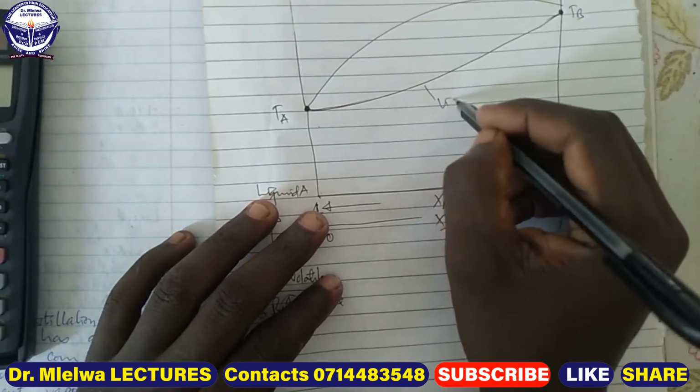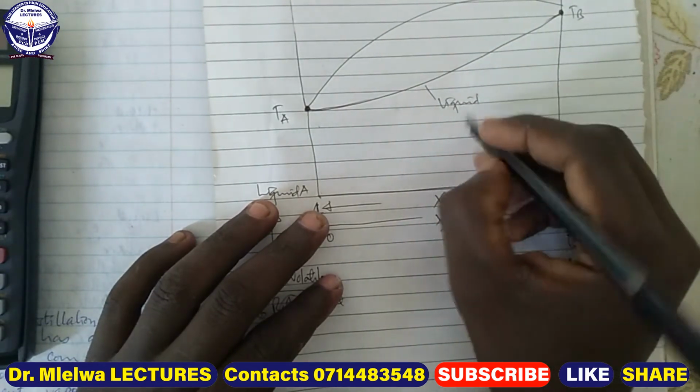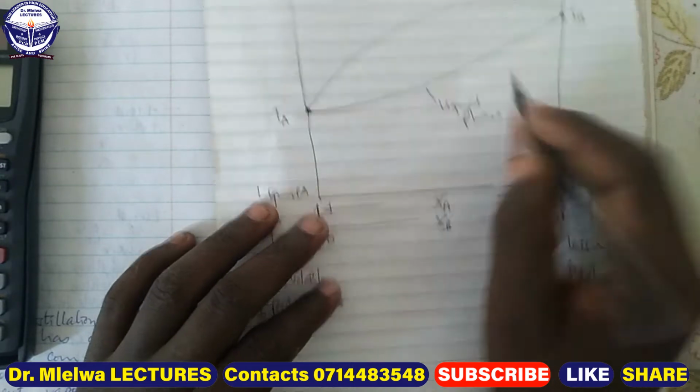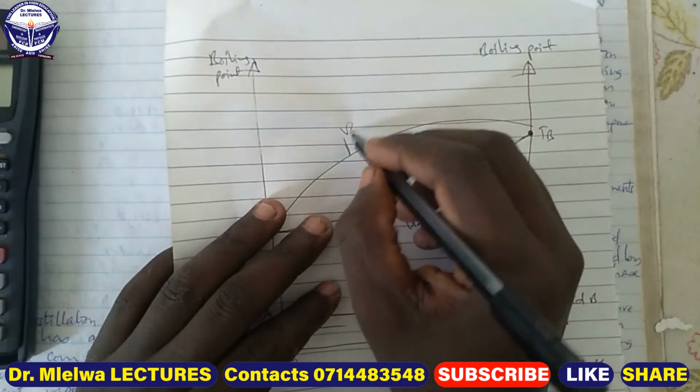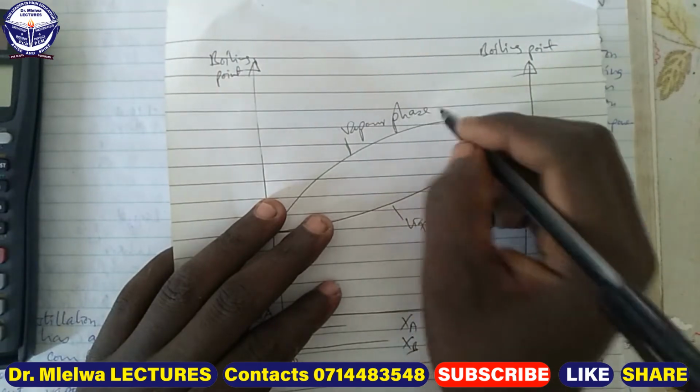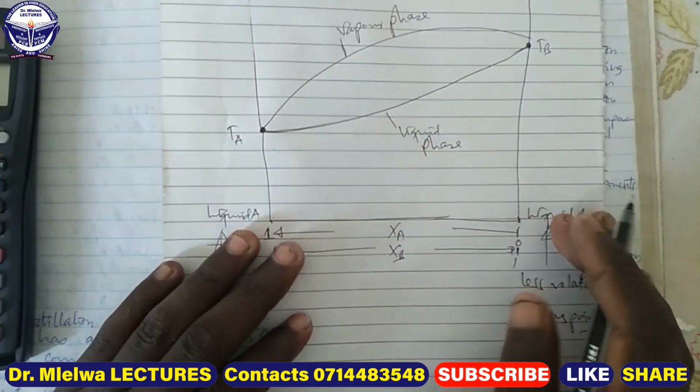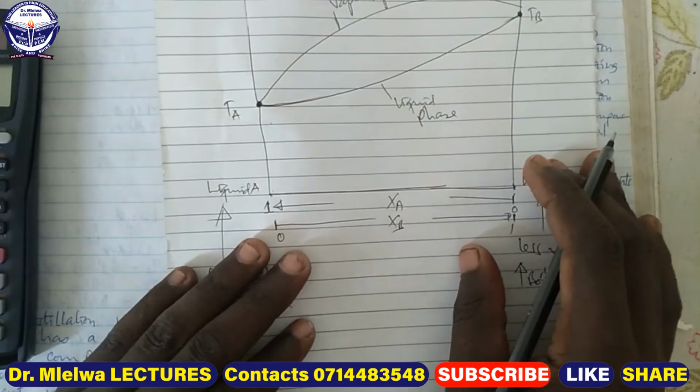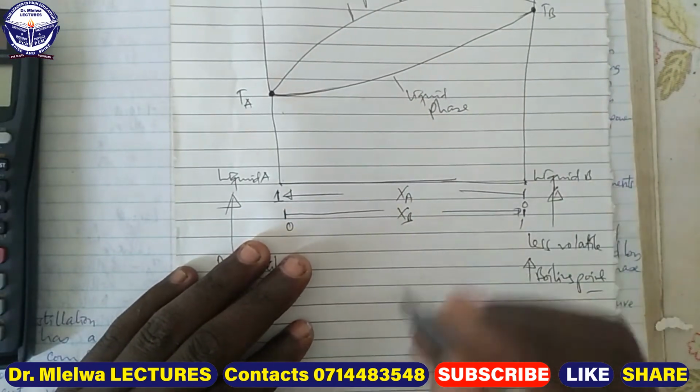This is the liquid phase, and this is the vapor phase. So at any time, you can determine the concentration or the amount of the substance which exists as vapor.